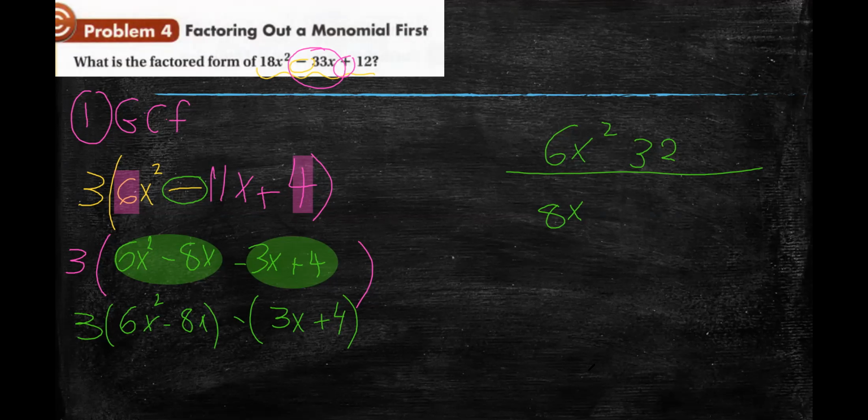Did we get the same answer? If you write it as negative 3x minus 8x, did you get the same answer? Yes, you must get the same answer. Then now here.